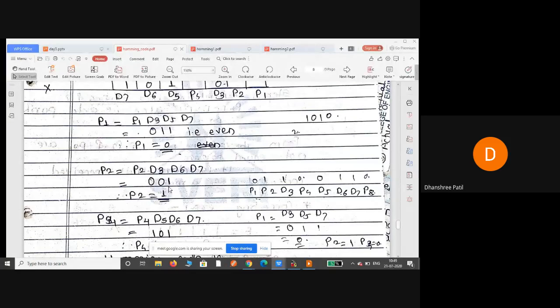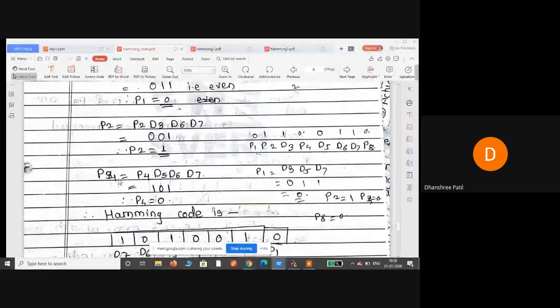If it is odd, the parity bit is 1. Okay, and last one, P4. For P4 we have to consider P4, D5, D6 and D7. P4 leave it, D5, D6, D7 is 101. So it is even, so the value of P4 will be 0.